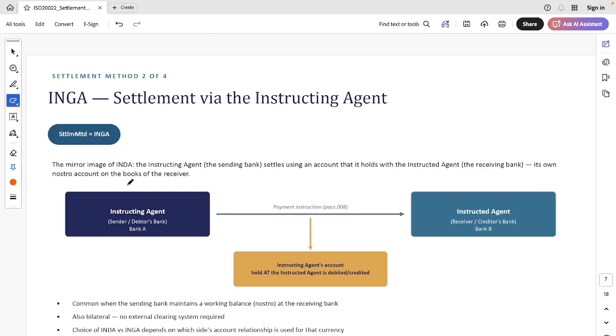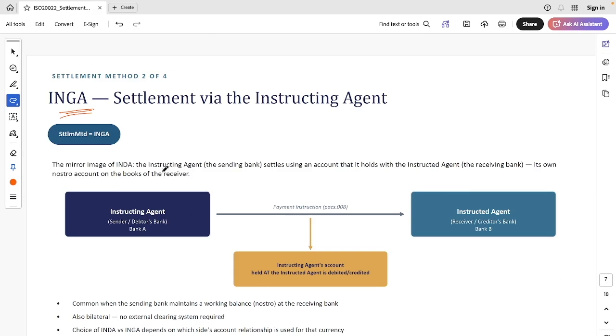Okay. Now let us understand the second settlement method, which is INGA. INGA stands for instructing agent. This is the mirror image of INDA that we have just come across. In INGA, the instructing agent, meaning the sending bank, settles using an account it holds with the instructed agent.